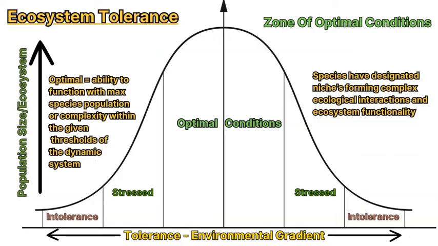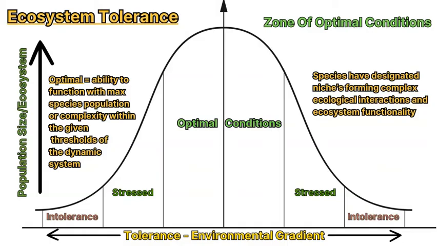Starting in the middle of the bell curve, we have the zone or level of optimal conditions, the area where the ecosystem is functioning correctly, based on its flow of nutrients, based on limiting factors, based on holding all the capacity to have large numbers of biodiversity, and all these different limiting factors are working to produce a high carrying capacity, and the ecosystem is working as it should.